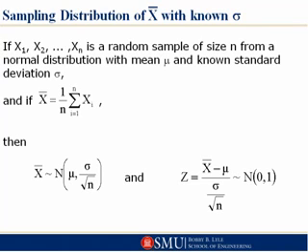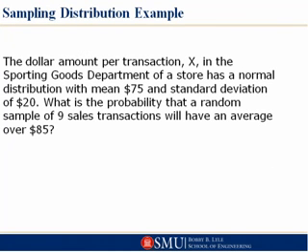Okay, so Z, as we've had before, is the sample mean minus mu, because mu is now the mean of the sampling distribution of X bar, divided by the standard deviation of the sampling distribution of X bar, which is now sigma over the square root of n. This follows a normal distribution, 0, 1.